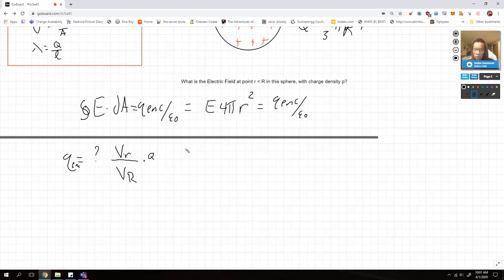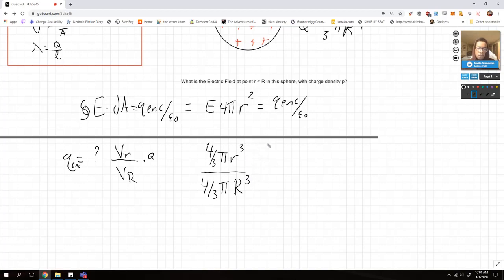Okay, so the volume of a sphere is 4/3 pi little r cubed, divided by the volume of my non-Gaussian surface, my regular sphere, 4/3 pi big R cubed.